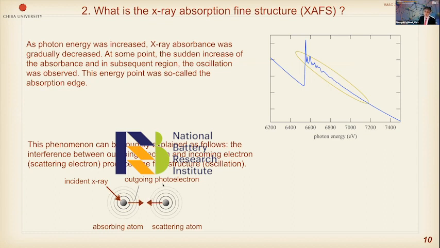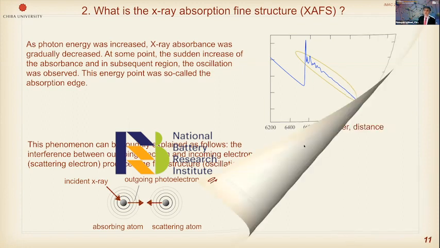So it's schematically understandable in this picture, that is this oscillation. It means the existence of the scattering atom modifies the absorption probability. That is the true meaning. However, this roughly explained phenomenon is very understandable, I think.